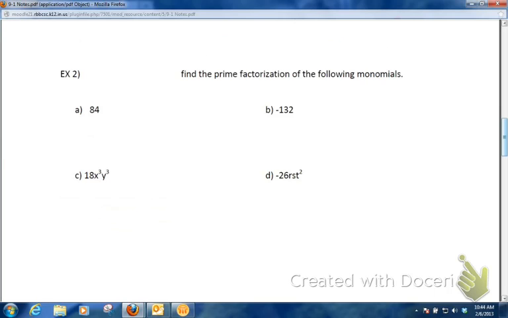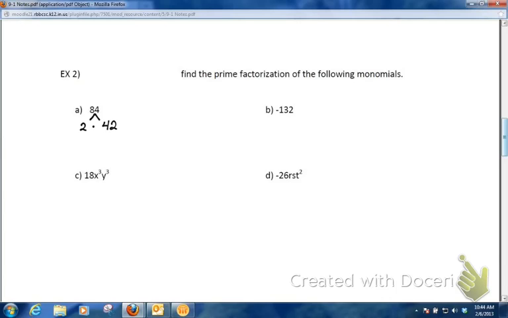So let's look at example A here with 84. What you're going to do is break down 84 into two numbers that multiply to be 84. I always start on even numbers with small numbers, so I'm going to say 84 is 2 times 42.